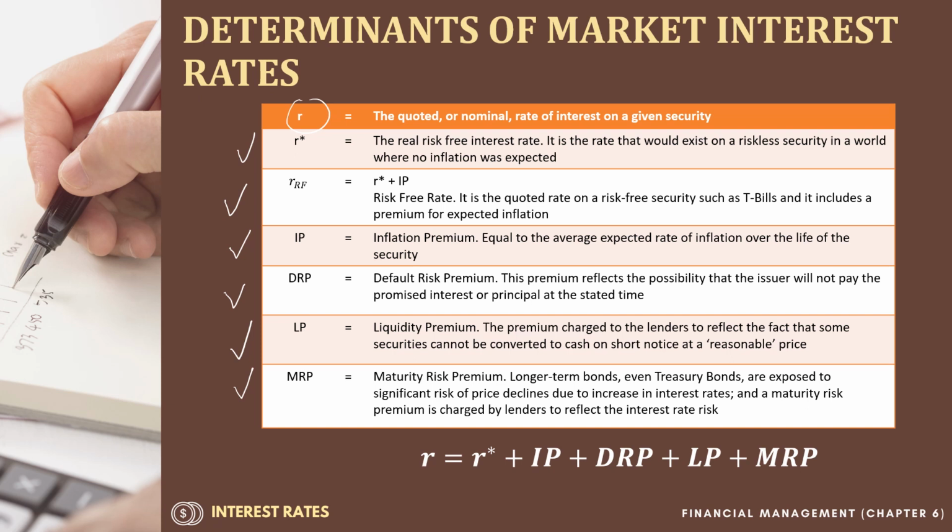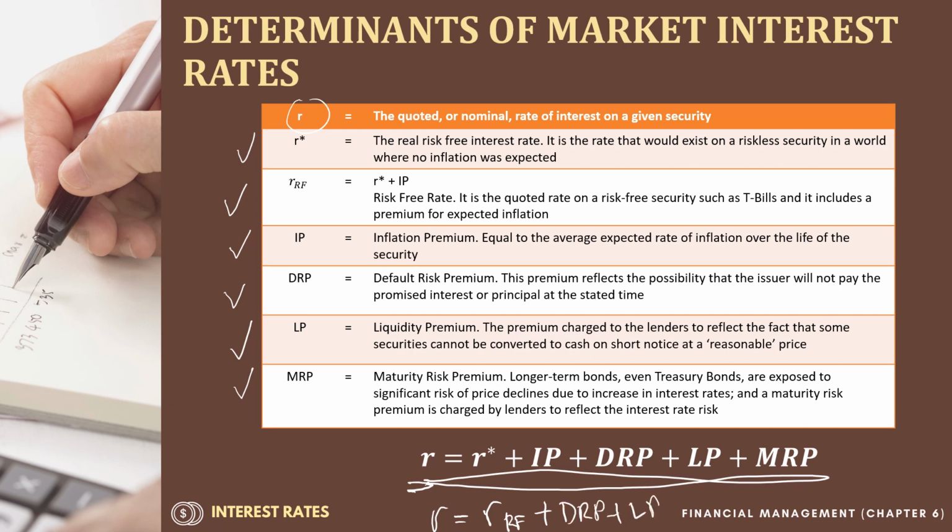Now, here is a formula to solve for the interest rate of a given security. So we have here the real risk-free rate plus the inflation premium, or you can also write this down into R, okay, plus the default risk premium, plus the liquidity premium, and the maturity risk premium.